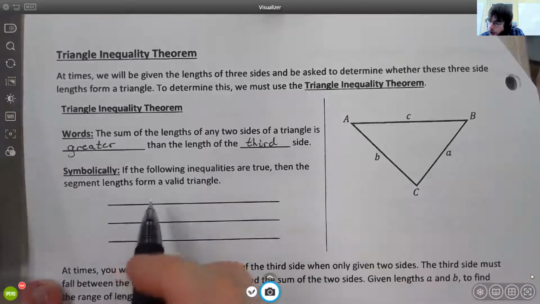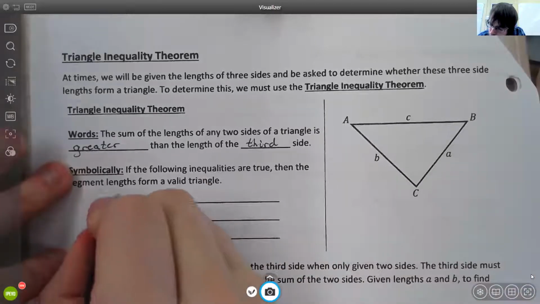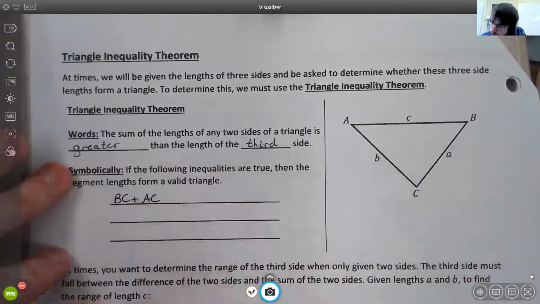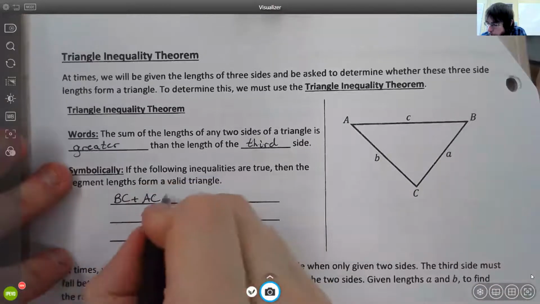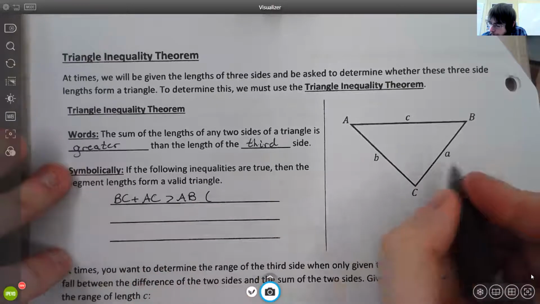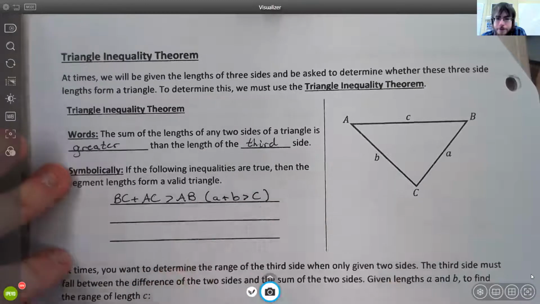Okay, so our first inequality that has to be true, we have to take BC and add AC, and that has to be greater than the third side, which is AB. Simplified, that's A plus B must be greater than C.